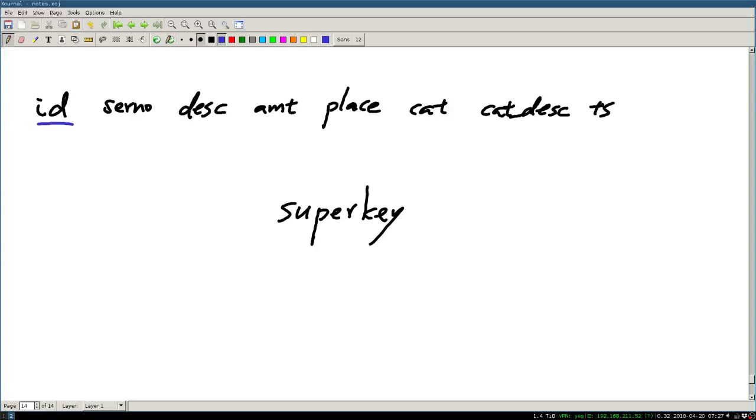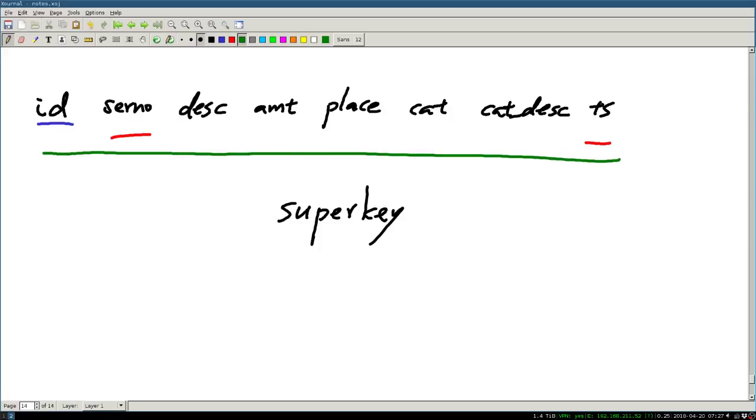The first one is super key. Basically, in a table, any combination of the attributes that can uniquely identify a row is a super key. So, for example, ID is a super key. The serial number and timestamp is a super key.